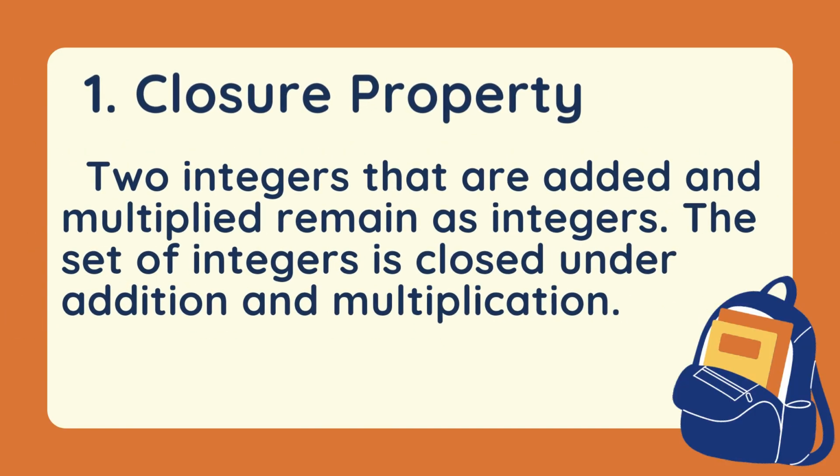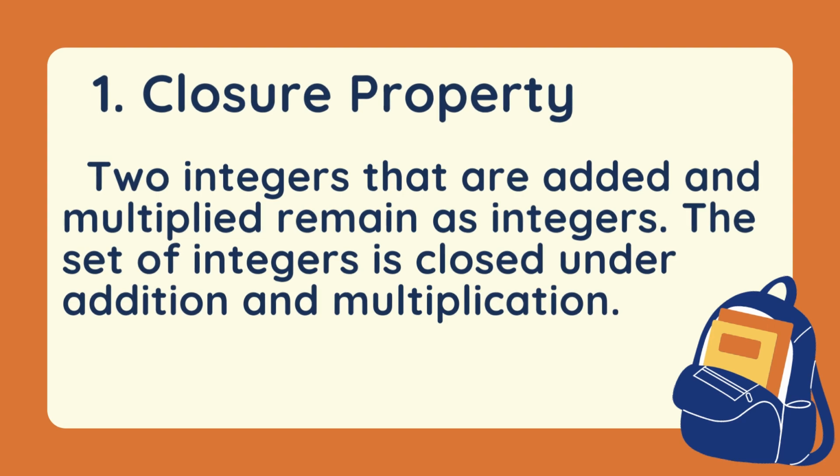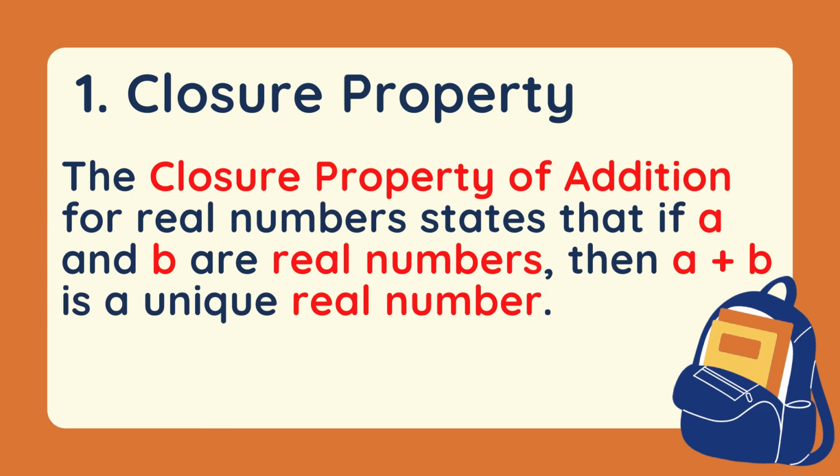The first property is the closure property. The closure property states that two integers that are added and multiplied remain as integers. The set of integers is closed under addition and multiplication. Under the closure property of addition for real numbers, if a and b are real numbers, then a plus b is a unique real number.